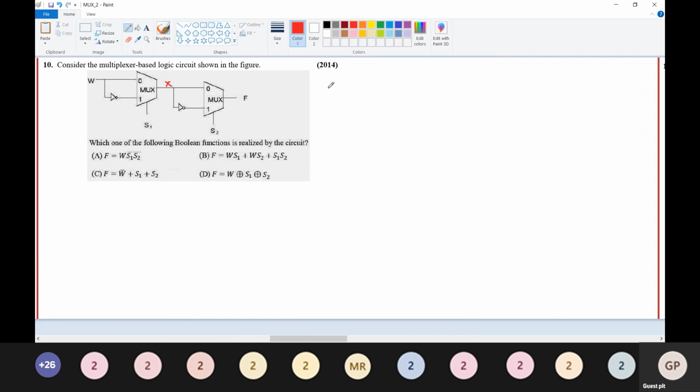The expression for the 2:1 multiplexer can be written as X is equal to, here the selection line is S1. When S1 dash, here the input is 0, I naught will be selected, which is nothing but W, plus S1, I1 will be selected, which is nothing but W dash.